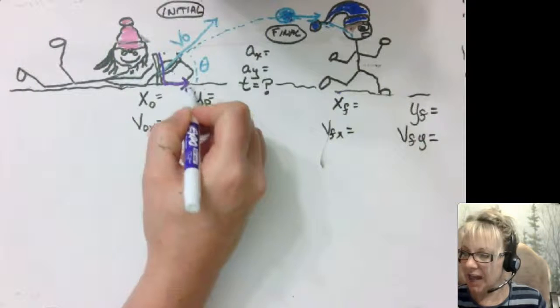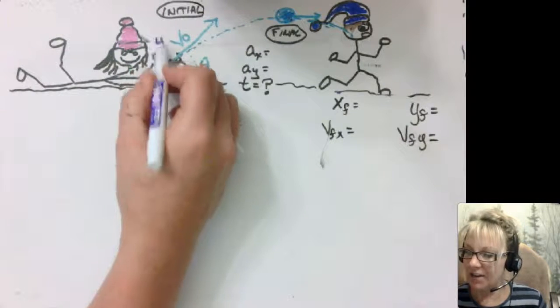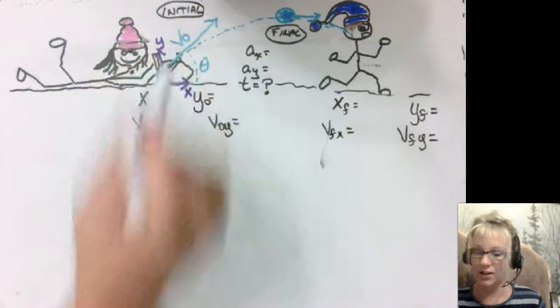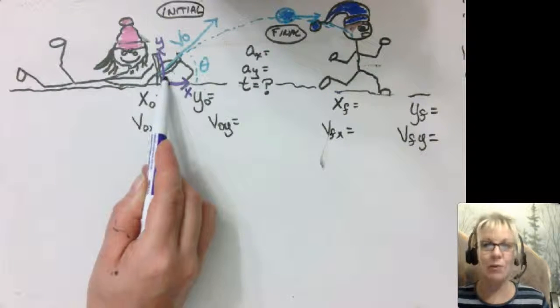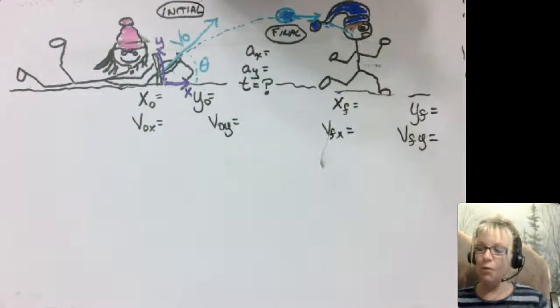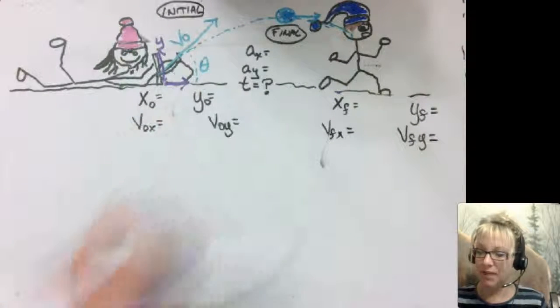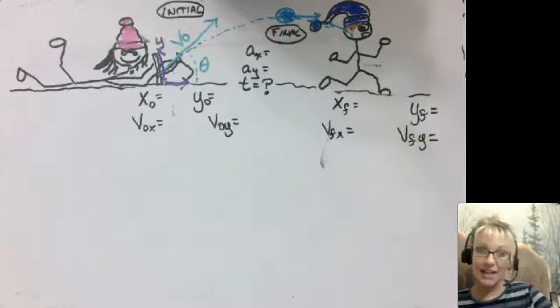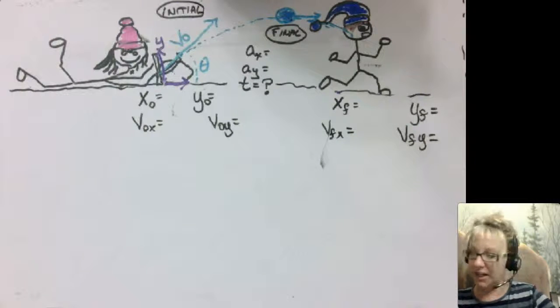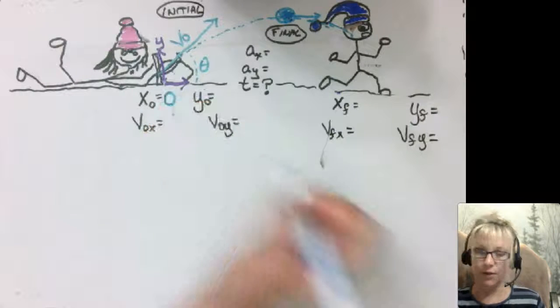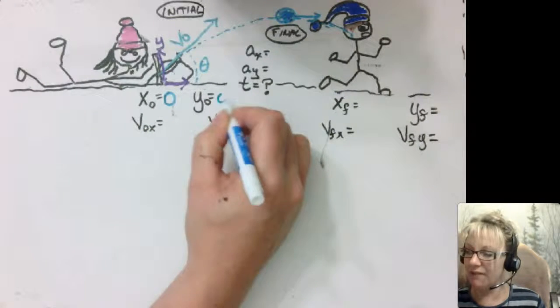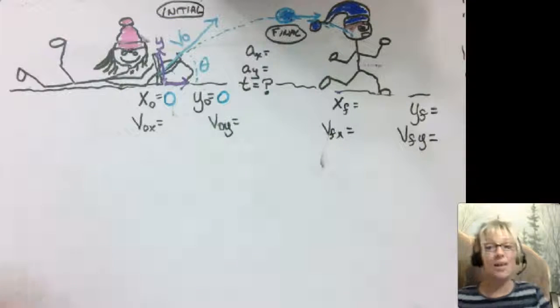So basically I'm saying that at this point right here, my x value is going to equal 0 and my y value is going to equal 0. That just happens to be the x and y position in the beginning. So my initial x value is 0. My initial y value is 0. That's how I set it up.